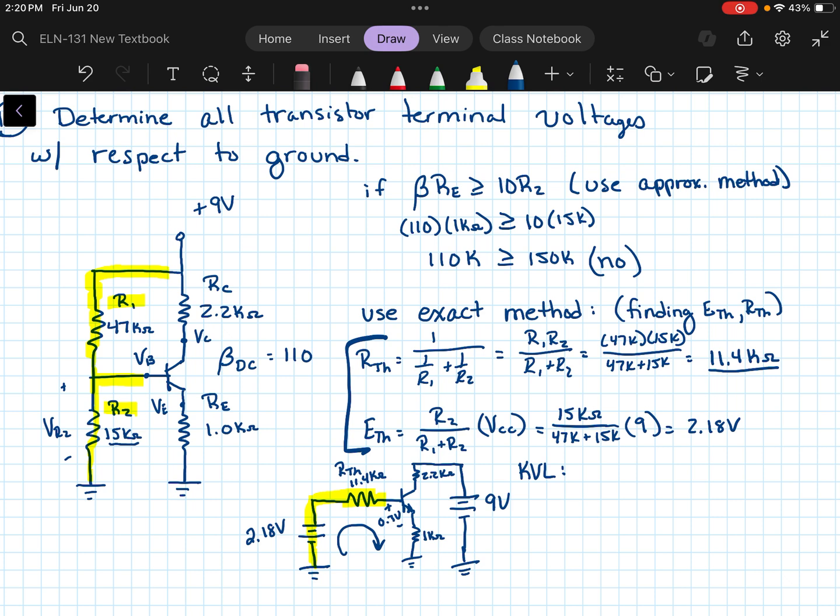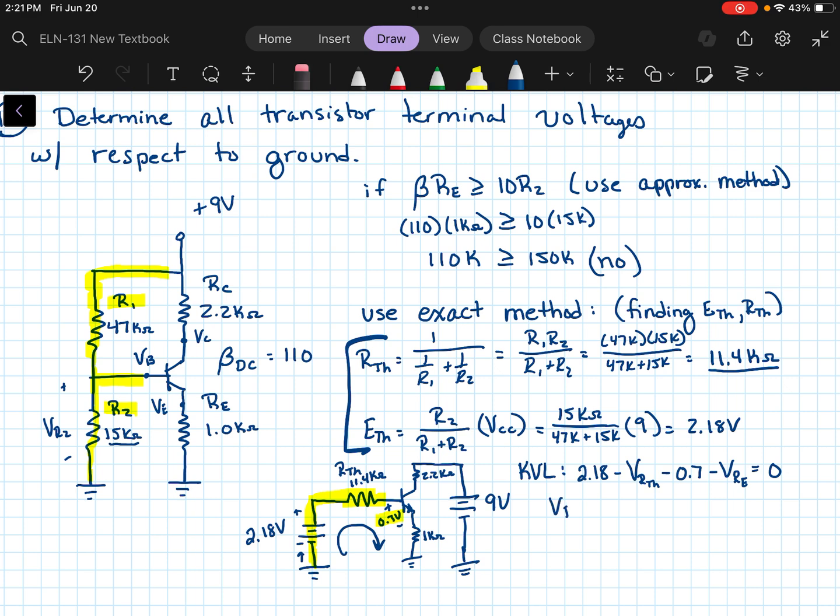So the KVL equation would be, first of all, since you're starting at ground and we're going in this clockwise direction, we're going to see a rise of 2.18 volts minus whatever the voltage drop is across that R Thevenin. I'm just going to say I don't know what it is right now. Minus the 0.7 volt drop you have here from the base to the emitter. Don't forget that. And then minus whatever the voltage drop is across RE. That gets us back to ground. So that would have to be 0.